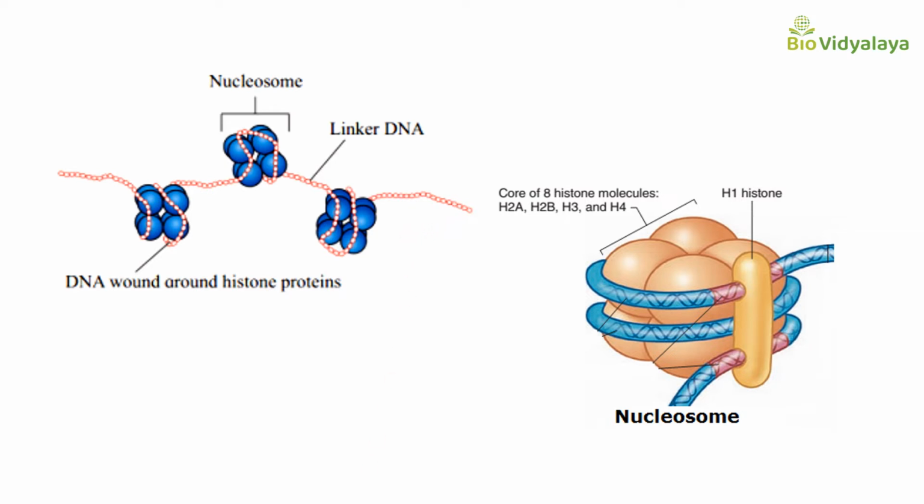Inside this histone core, there are different types of histone proteins like H3, H4, H2A, H2B. Here in this picture we can see 8 histone proteins. The core of 8 histone molecules: H2A, H2B, H3 and H4.